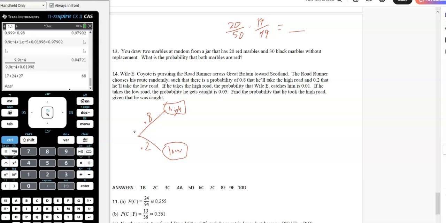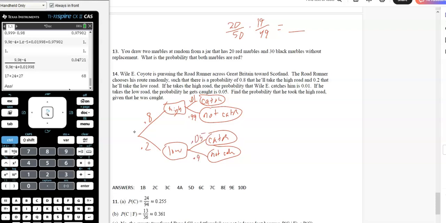If he takes the high road, the probability that he's caught is 0.01, which means 0.99 not caught. For the low road, it would be catch and not catch, and this one was 0.05.